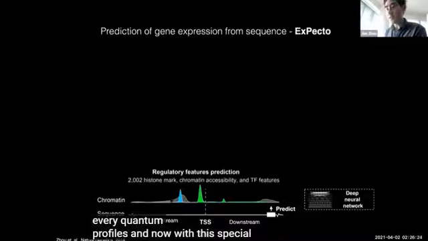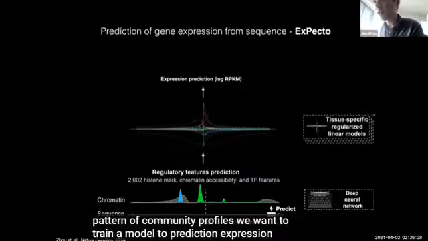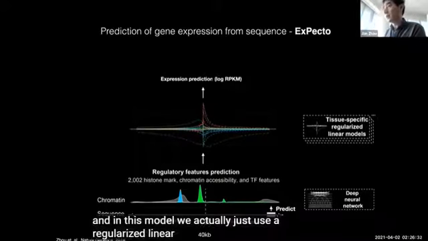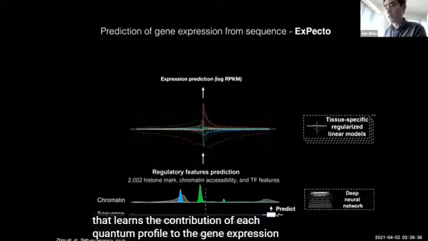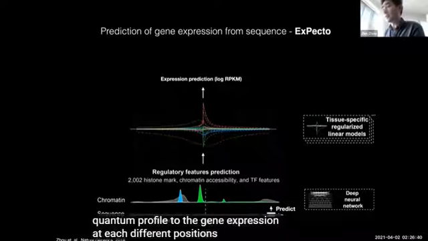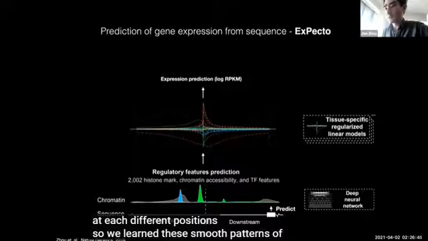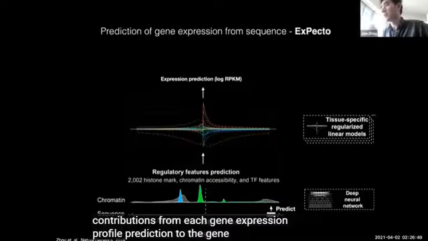And now with this spatial pattern of chromatin profiles, we want to train a model to predict gene expression. And in this model, we actually just use a regularized linear model that learns the contribution of each chromatin profile to the gene expression at each different position. So we learn these smooth patterns of contributions from each chromatin profile prediction to the gene expression.